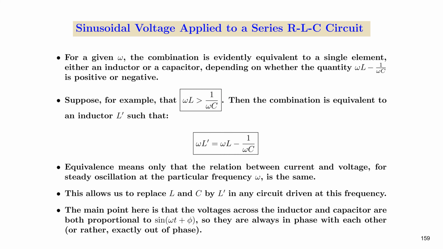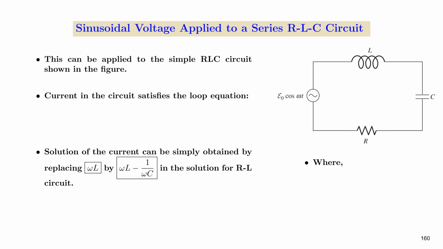So the point that we have to take from the previous discussion is that voltages across the inductor and capacitor are both proportional to sine omega t plus phi, and they are always exactly out of phase with each other.